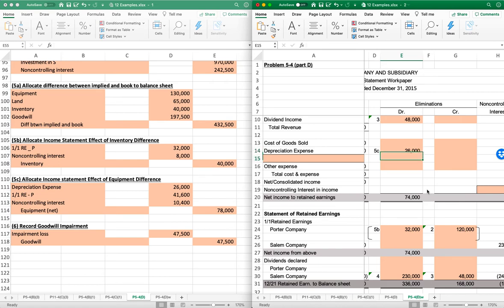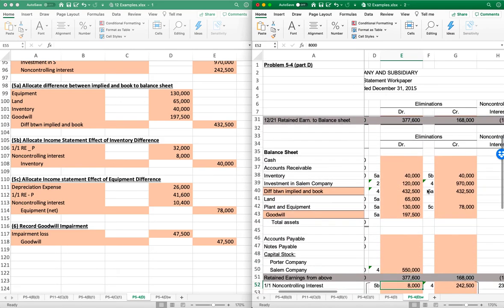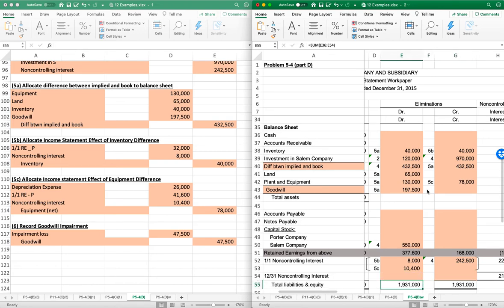Then we are going to head back down to 1/1 retained earnings of the parent, and that's going to be $41,600. And then back down to our non-controlling interest, which will be $10,400. Okay, still balance, still looking good.